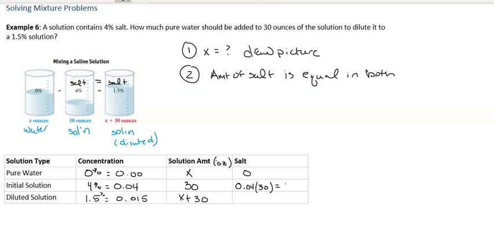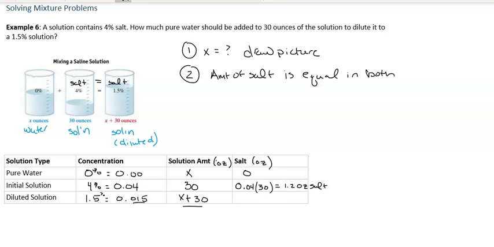So that is going to be 1.2, and this is also in ounces. I really don't like English units because metrics makes more sense because we have 2 different kinds of ounces. But anyway, 1.2 ounces of salt. Okay, it says that up here, but I want to make sure that's really clear. So now we're going to have, in this case, we've got 0.015 here, and we've got X plus 30 here.